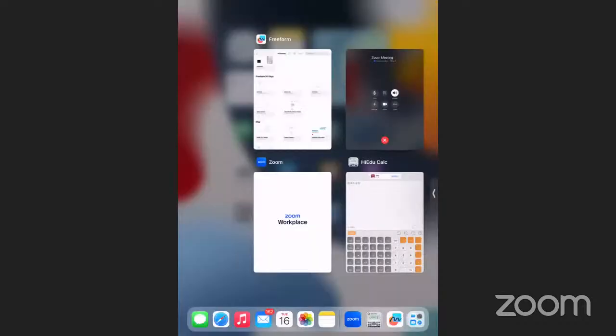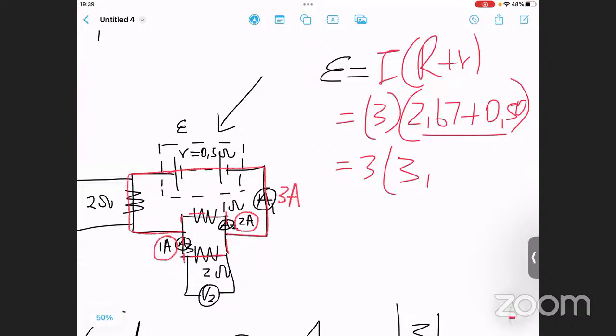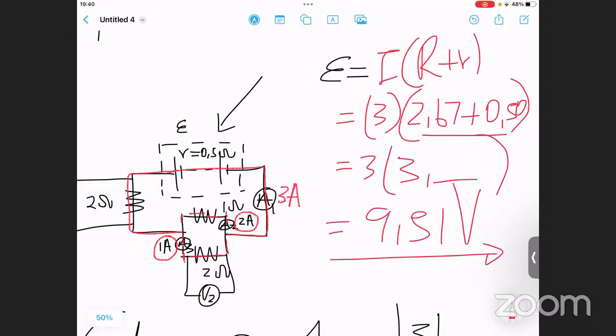So this is what I'm getting. The answer is 9.51 because it's the EMF. It's measured in volts, so you need to say V.